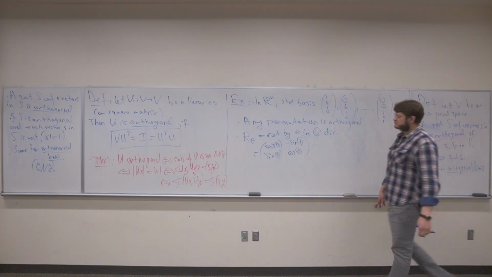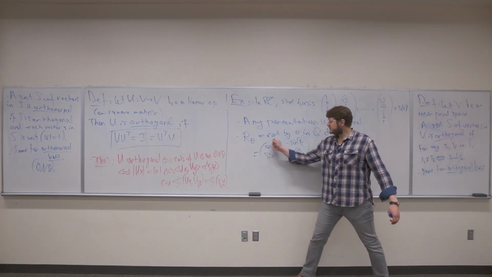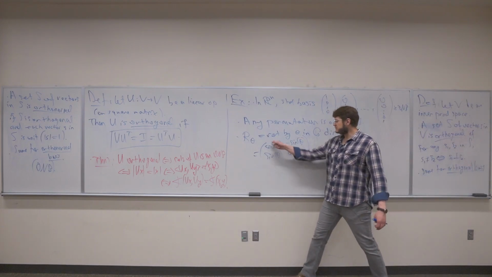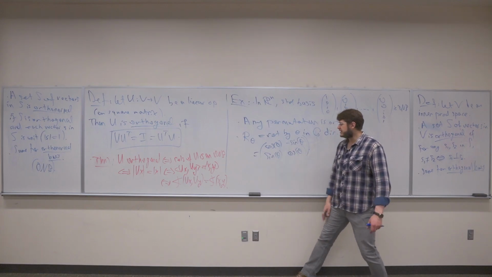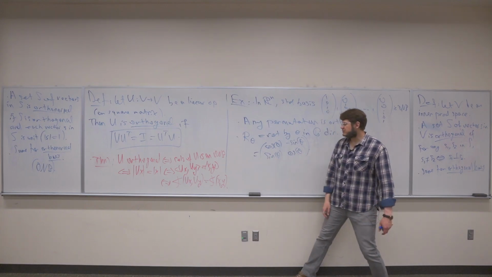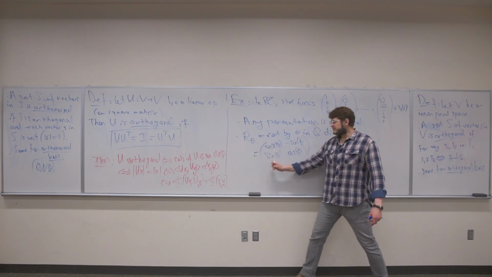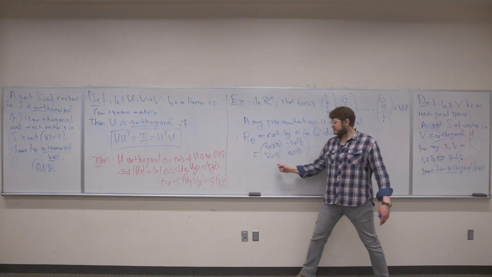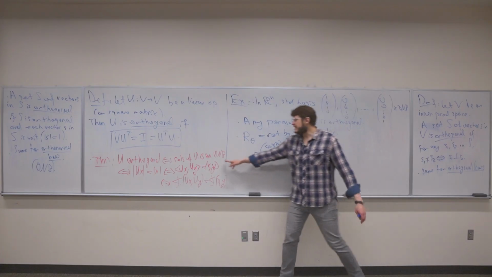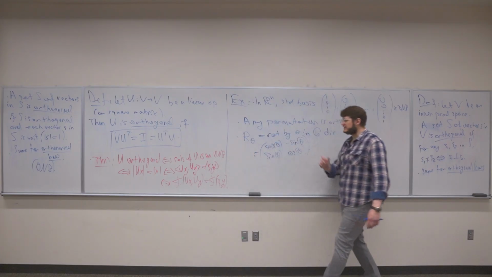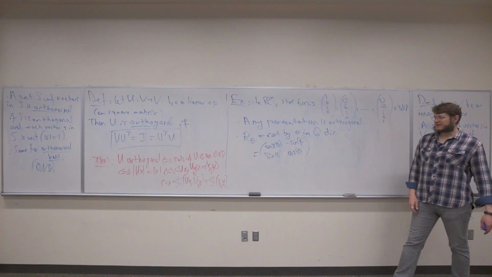You can just dot this with this, right? So this is minus cosine times sine. This is plus cosine times sine. So certainly the columns are orthogonal. Cosine squared plus sine squared is 1 by trig, and these are unit as well.